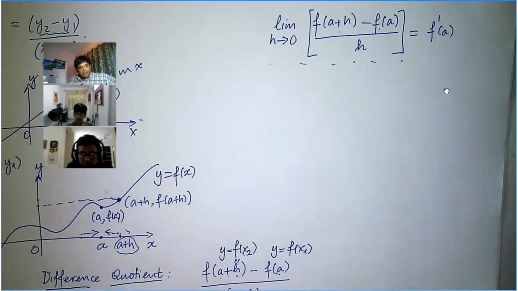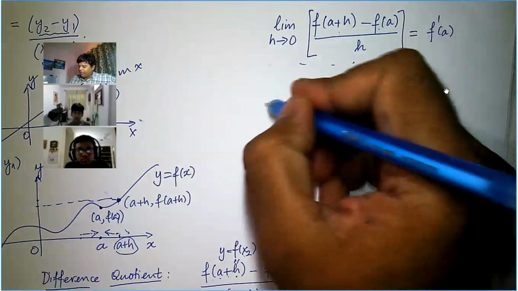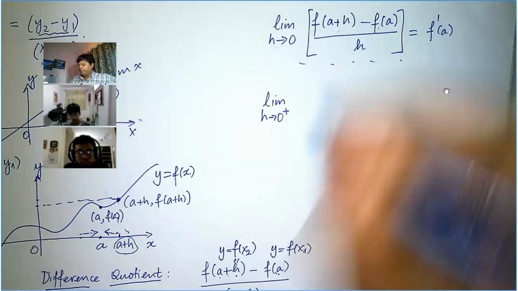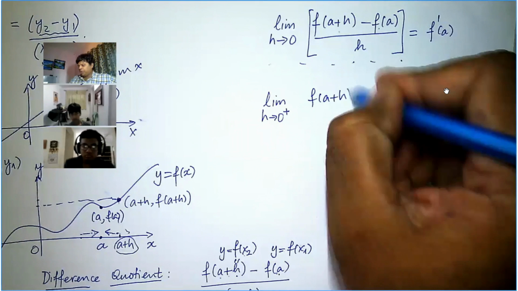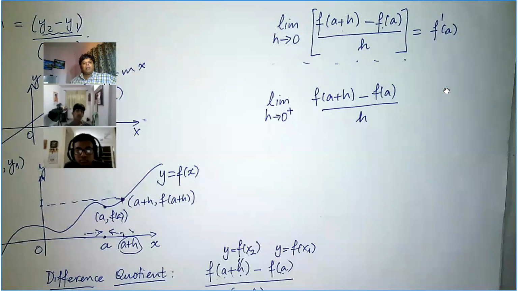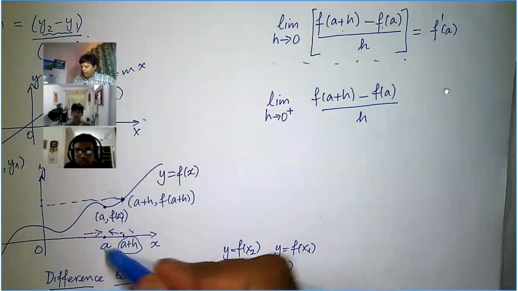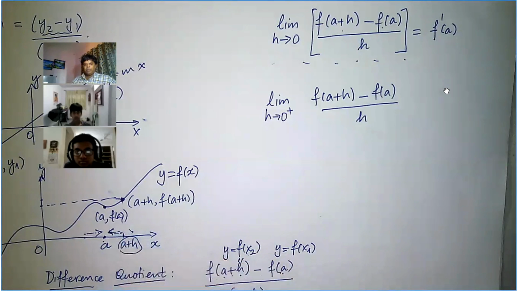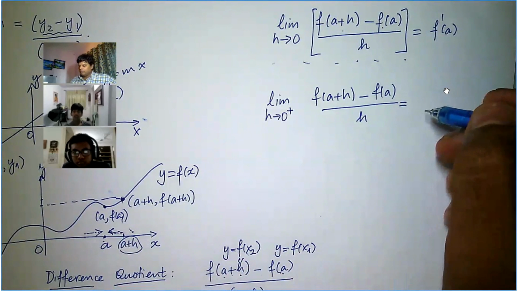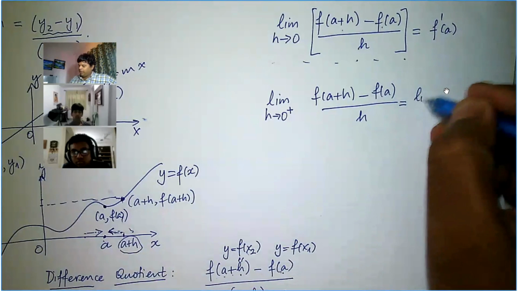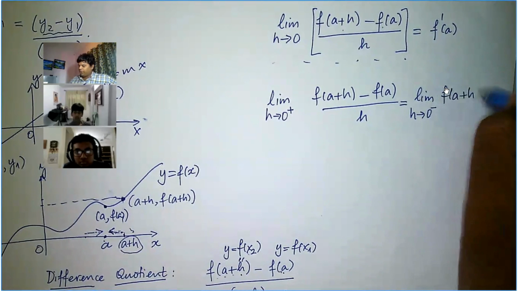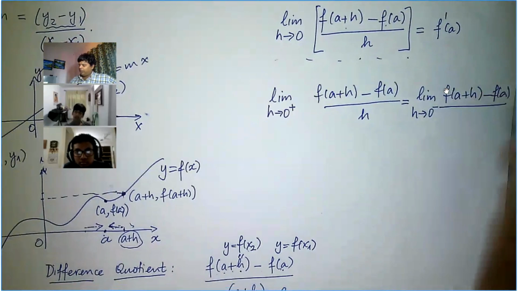When I say this limit exists, this means the right-hand limit, as h goes to 0 plus, of f of a plus h minus f of a by h, where I am coming to a from the right slowly, should be equal to the left-hand limit, as h goes to 0 minus, of f of a plus h minus f of a divided by h.